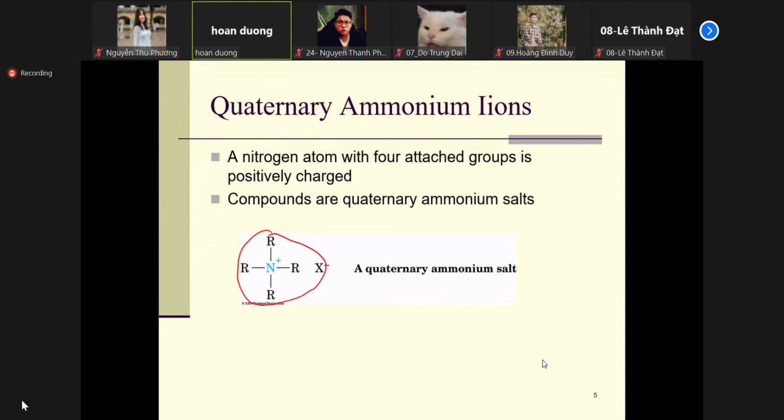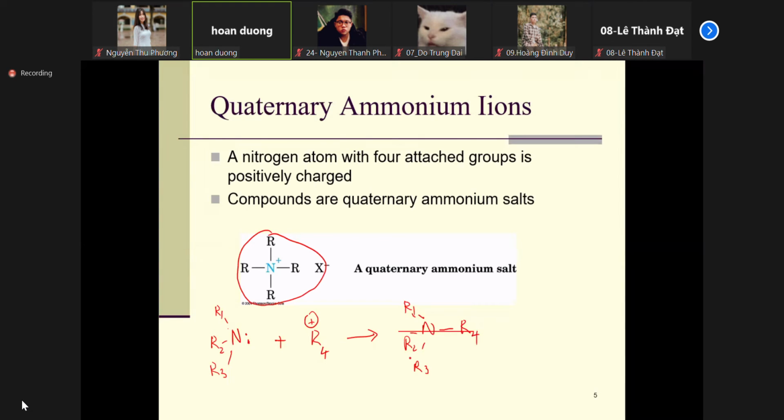First, if you want to understand this one, you should easily understand this one. If you have the nitrogen, and you have R1, R2 and R3, you still have a pair of electrons. You have a tertiary amine, and now you react with one more R plus, R4, and it forms N R1, R2, R3, and now we have R4.